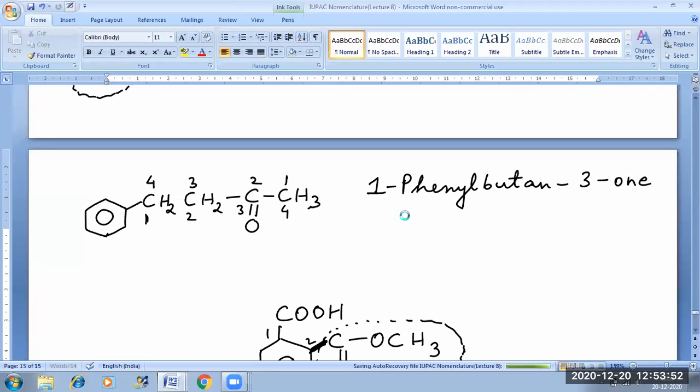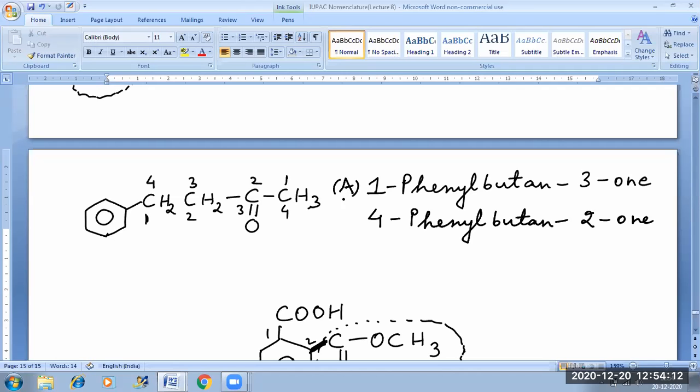And if I follow the first way of numbering, then it will be something else. Now tell me which is correct. First one. Out of A and B, which is correct? A. Why? The lower set of substituents.